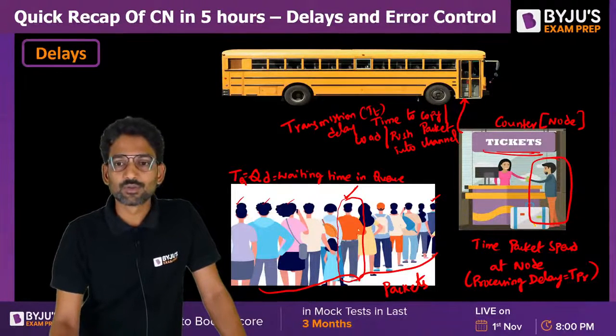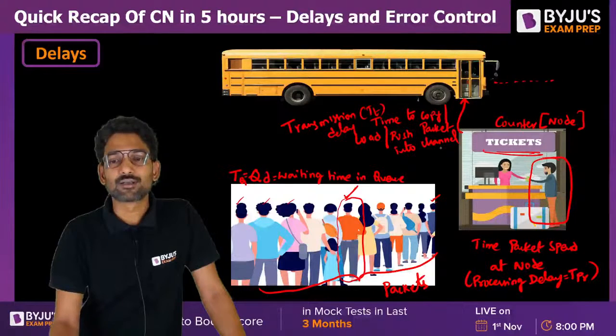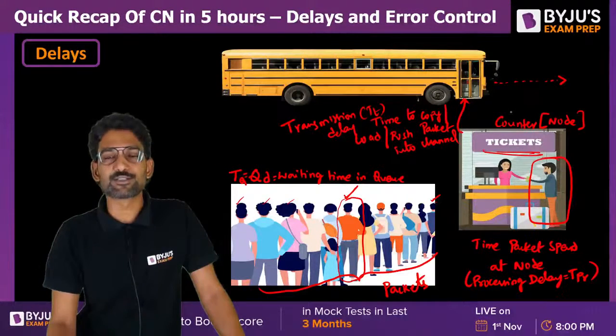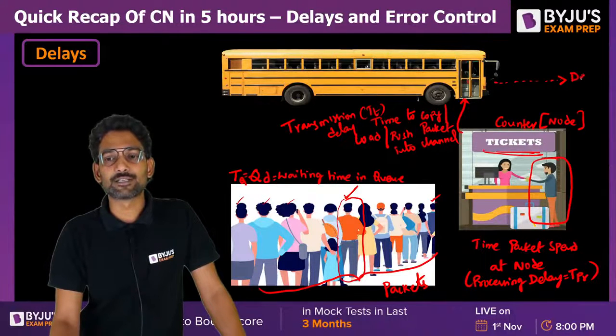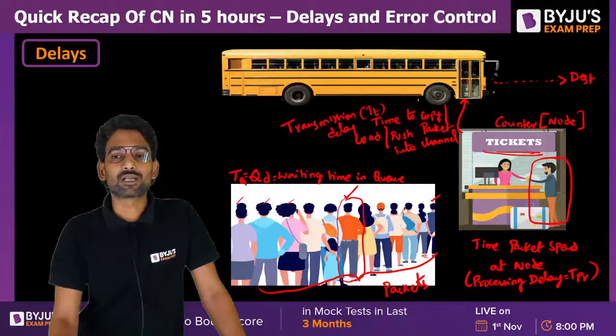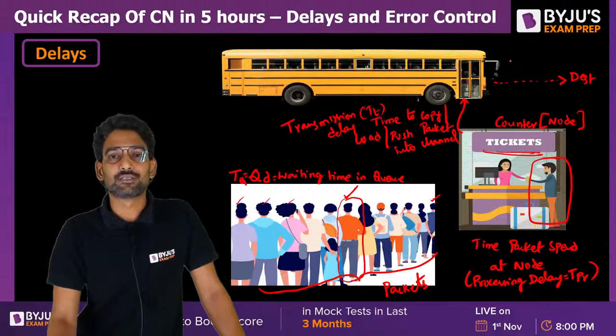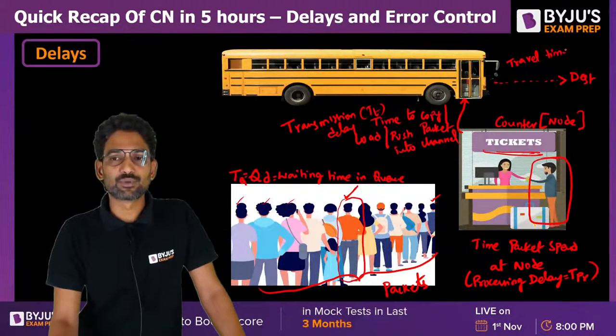Now once all the passengers' boarding is over, the bus starts its journey and reaches the destination. The time to reach the destination, the traveling time, the journey time, this travel time, this is what you call propagation delay.